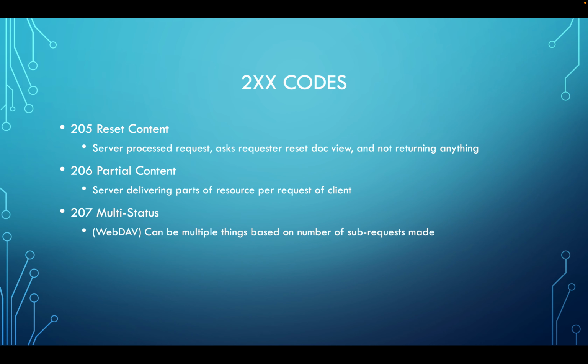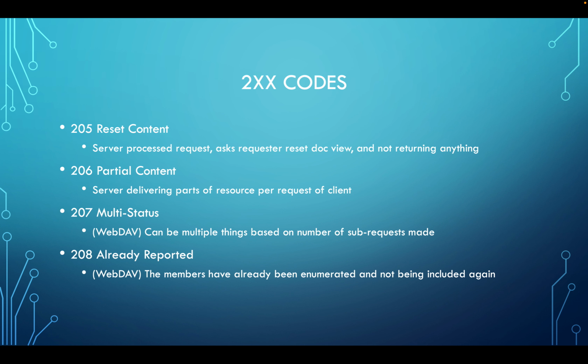It can be many things depending on what kind of requests were made. 208 is Already Reported, which means parts of the request have already been done and won't be included again. 226 means IM Used. It means the server has fulfilled the request, updated it and returned it.